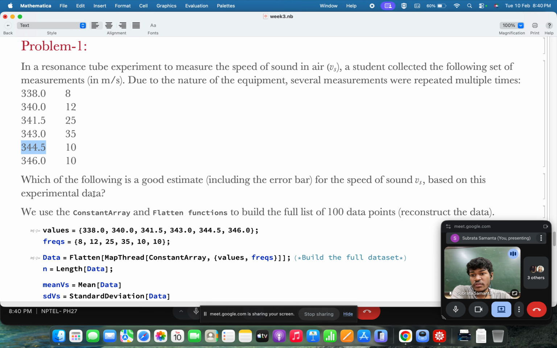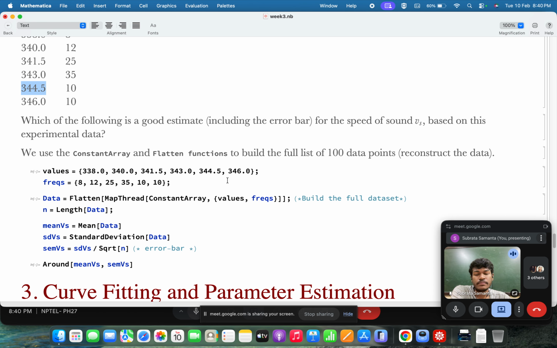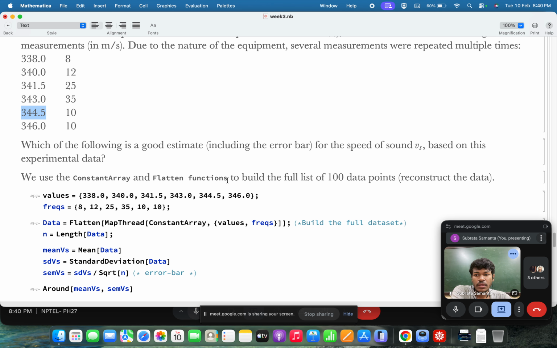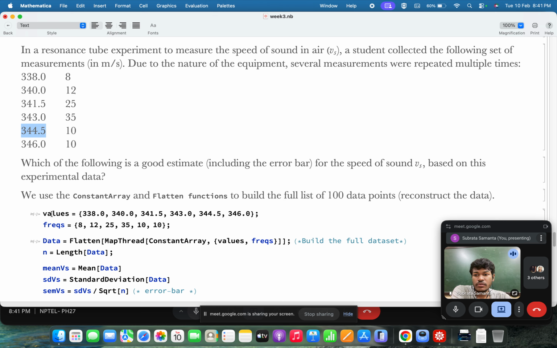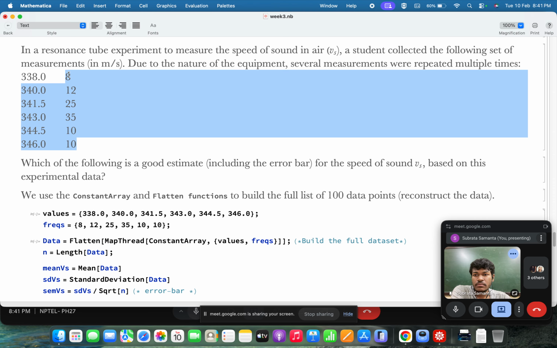So, which of the following is a good estimate including the error bar for the speed of sound, based on this experimental data. First, I assign the values, these are my values 338, 340 and so on, and these are the frequencies.